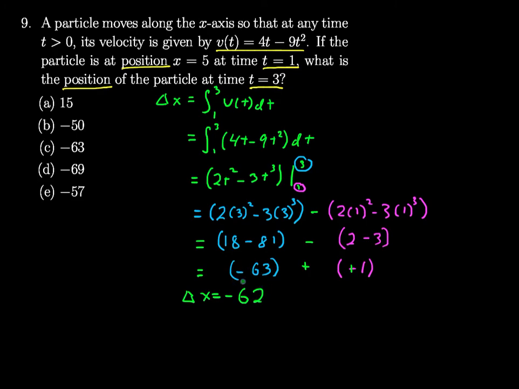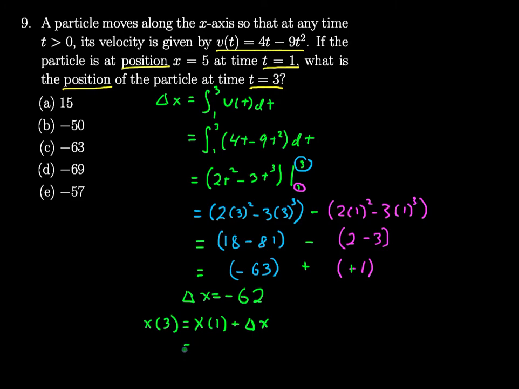So my change in location is negative 62, but I want to know where the location is, so that means that my x at time 3 will be equal to my x at time 1 plus my change in x.